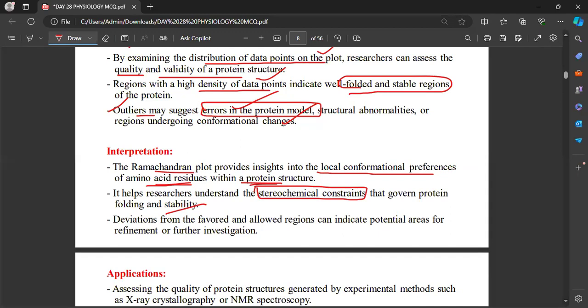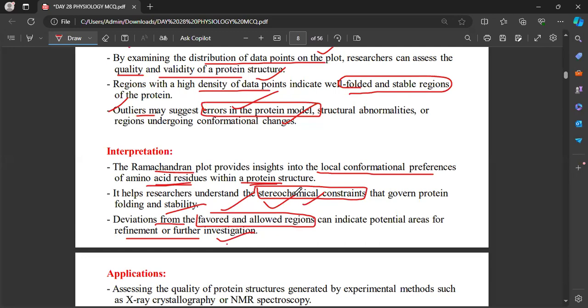So we can also analyze the stereochemical constraints in the protein, which ensure its stability and folding. We can come to a conclusion. Deviations from the favored and allowed regions indicate potential areas of refinement or further investigation. If it is not shown in the favored and allowed regions, we have to analyze the protein once again. So this is the interpretation we can do in the Ramachandran plot.